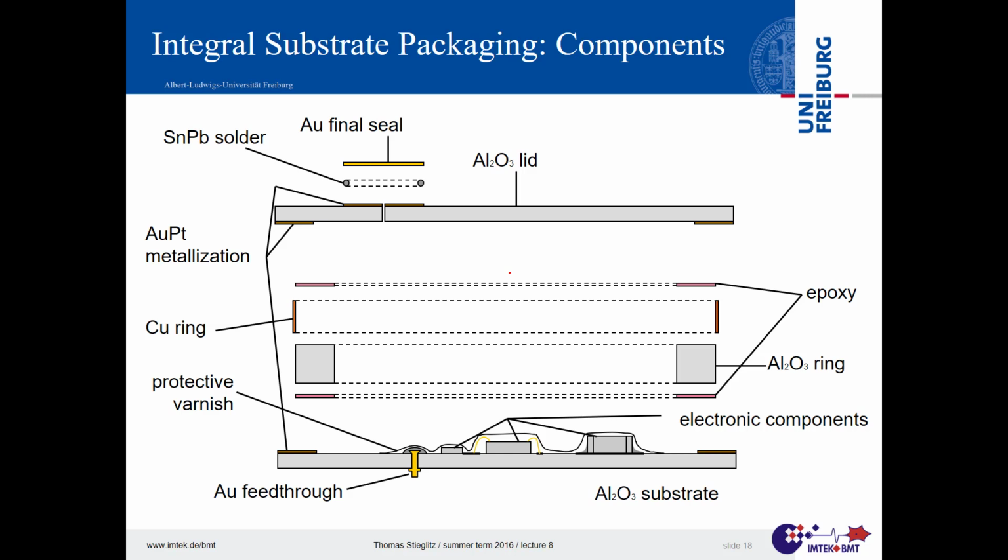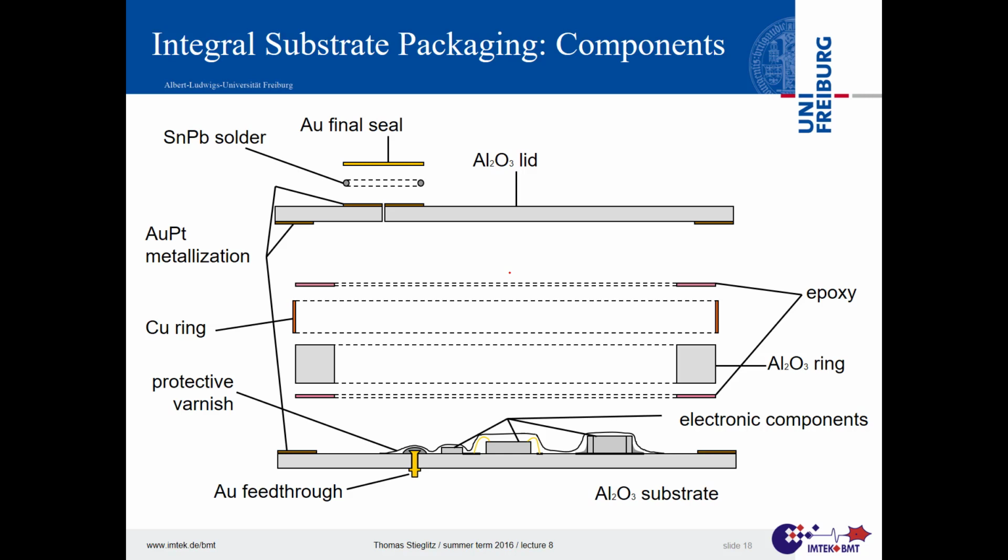They had the idea: if we print circuit boards on ceramics for harsh environments, high temperatures, chemical harsh environments, why can't we do that for implants? So make a printed circuit board, put all the components on there, encapsulate them, at least with a protective varnish, so that no other stuff comes on, and then assemble a ring around that.